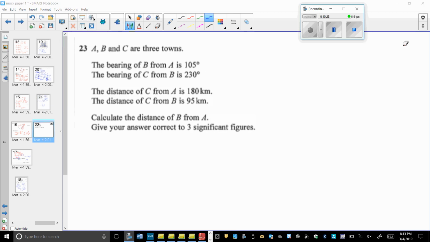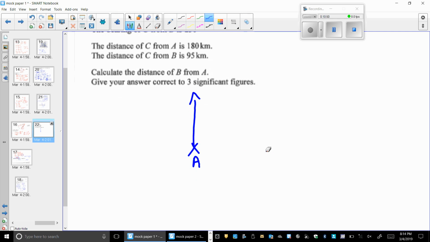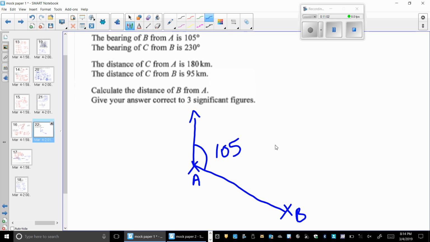Okay, last one. The bearing of B from A is 105. Calculate the distance from... I don't think we need to draw this properly. So, B from A. The bearing of B from A is 105, so an angle of 105 in a clockwise direction takes us to B. And the distance, we don't know.